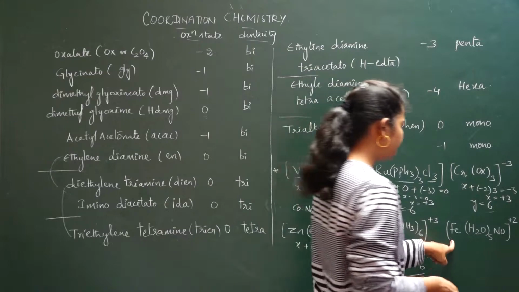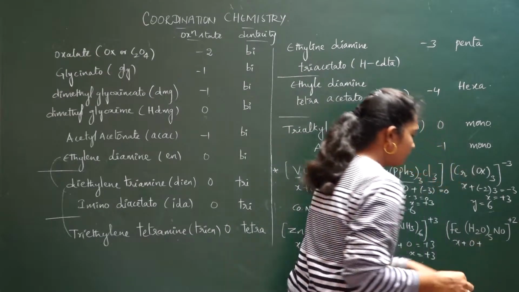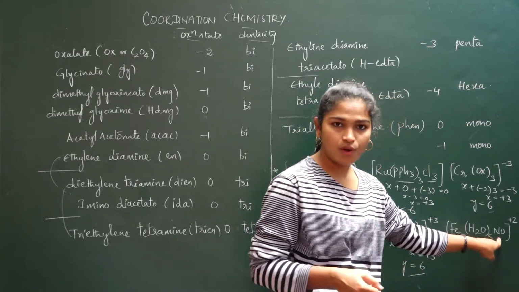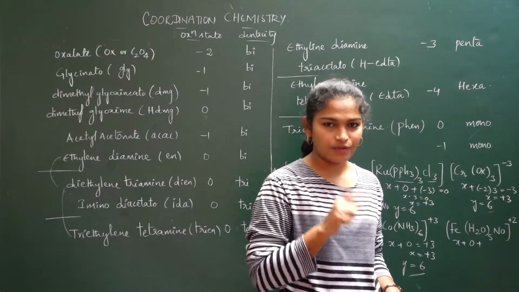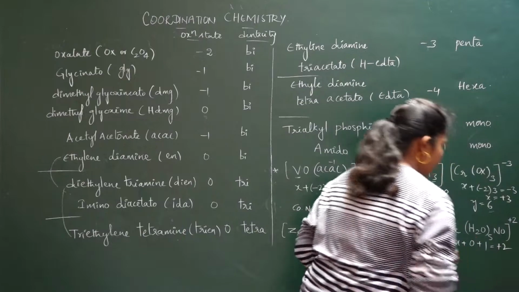Now you come here, just X. This is a nitrosyl compound, right? So what is the charge on the NO? NO is +1. So X +1 is equal to +2.